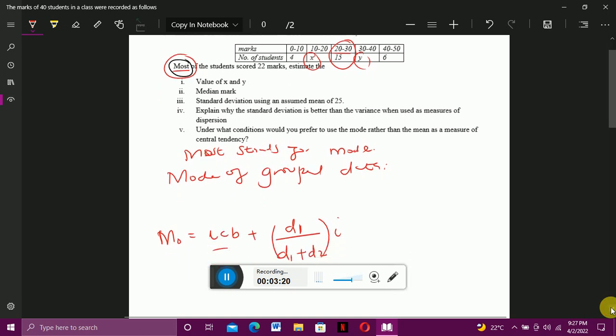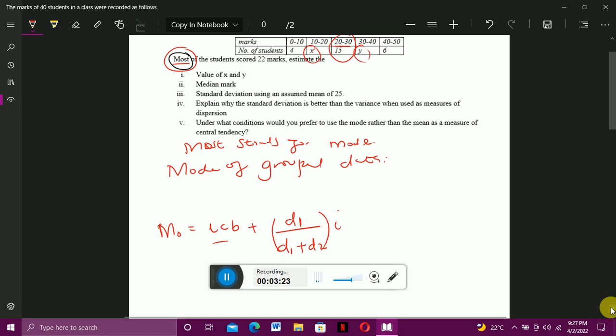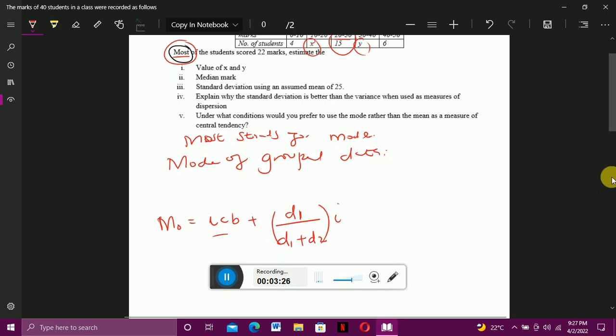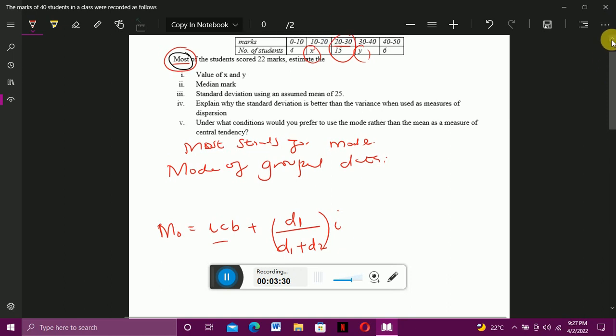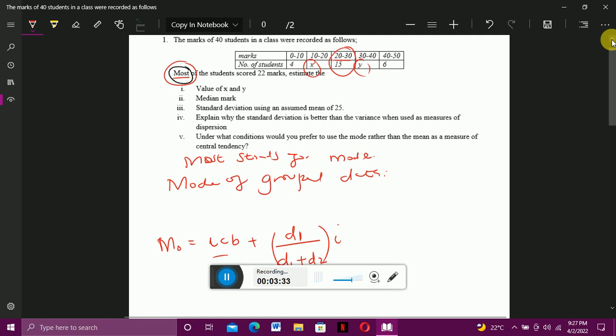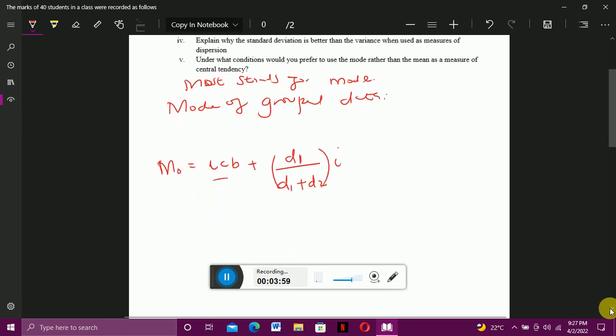So now that the data is already continuous, it implies that the lower class boundary of the modal class is 20.